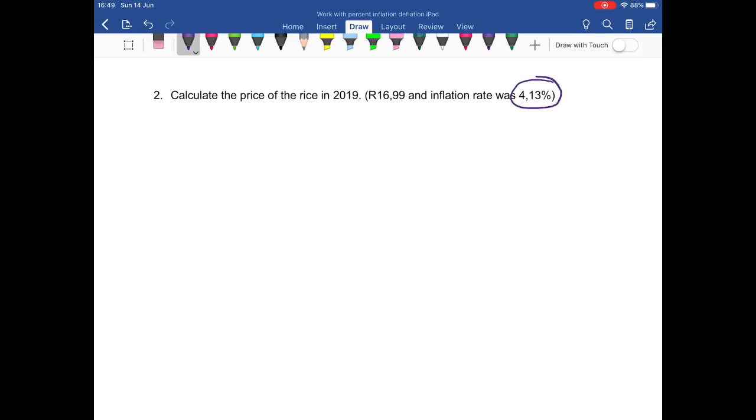So inflation last year was 4.13%. Remember when we were working that way, we multiplied by 1 plus i. When we work this way, we are going to divide by 1 plus i. And i, in this case, is 4.13% over 100.